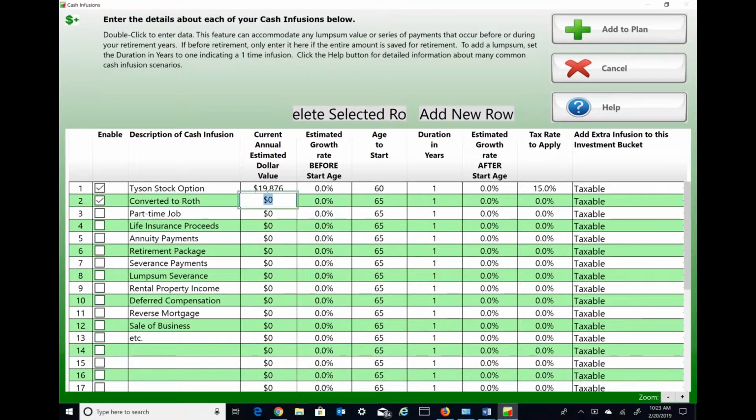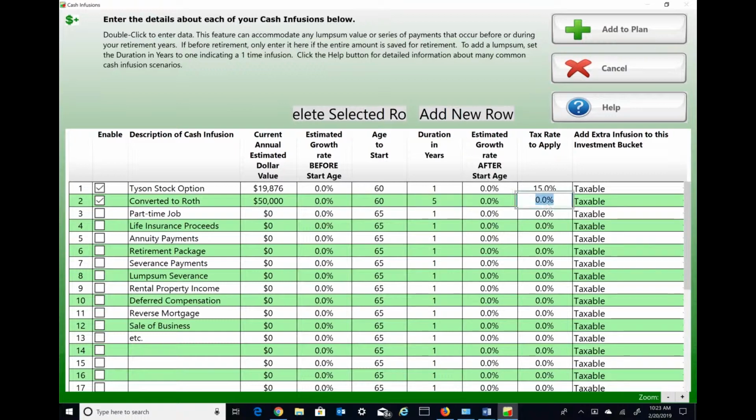And we're converting 50K. Now, are we paying the taxes out of the conversion, or are you paying it outside the conversion? I would say we're going to pay it probably with the conversion. Okay, with the 50,000. Right, that's very typical, and that's easy to do here. So 50,000 is coming in at age 60 for 5 years. This is just pushing it back into tax-free.